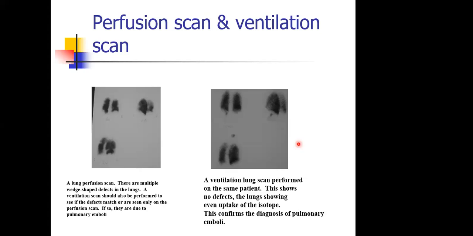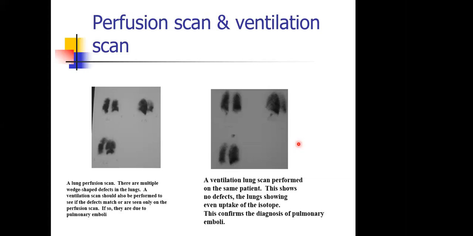One of the phases of the scan is the perfusion scan. During perfusion, the patient is given an intravenous injection of radionuclide, which is technetium, attached to microspheres of albumin. These microspheres of albumin are designed in such a way that their size will allow them to get trapped in the pulmonary capillary beds.